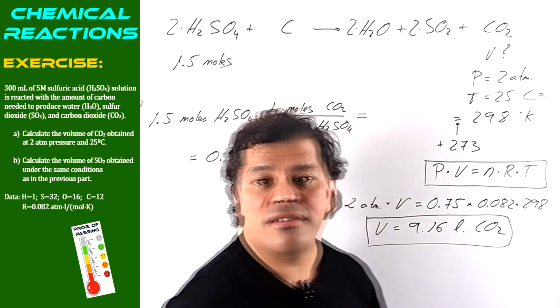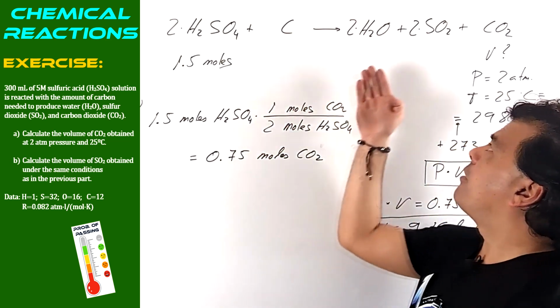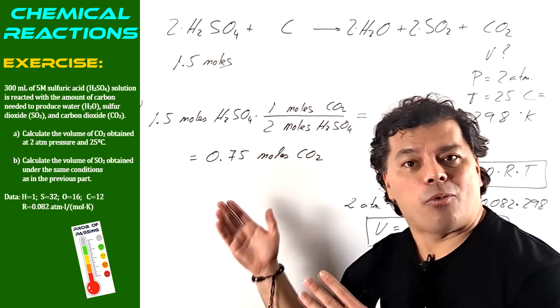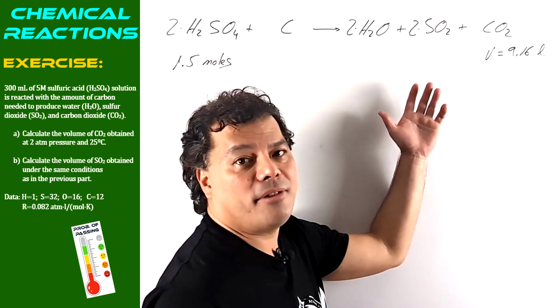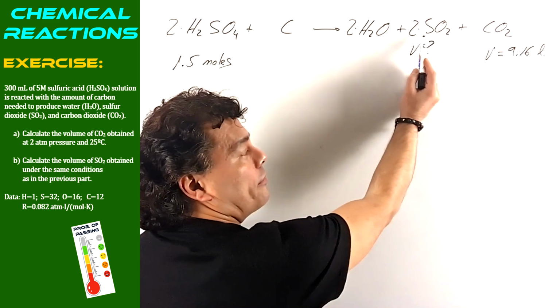Now we are going to do the same with the second section, as it says, calculate the volume of sulfur dioxide under the same conditions. So please come with me. The situation is similar to the previous section, as they are asking us to calculate the volume of this substance.